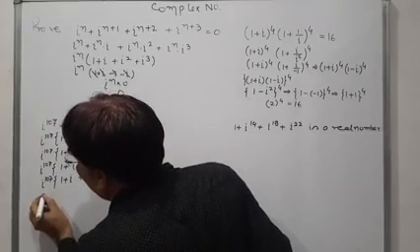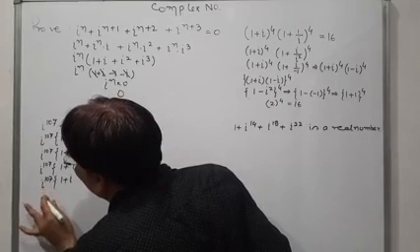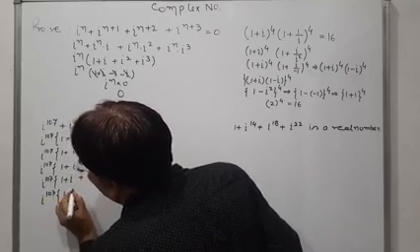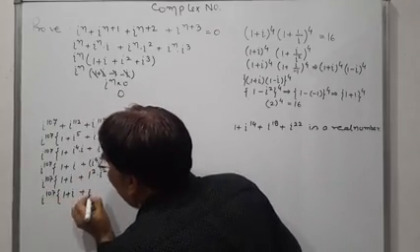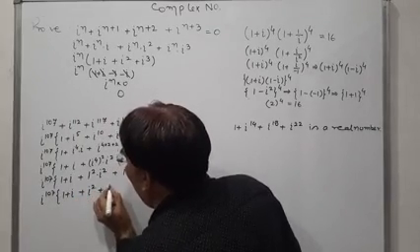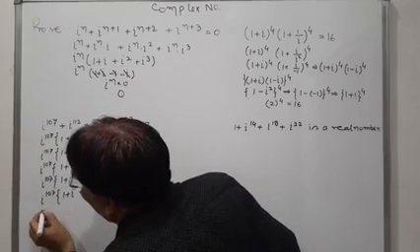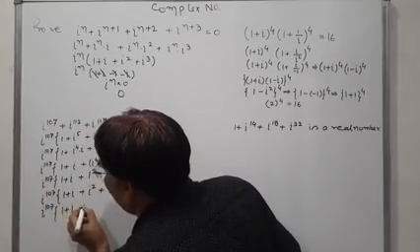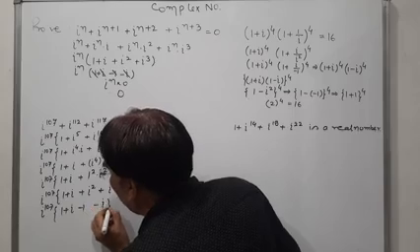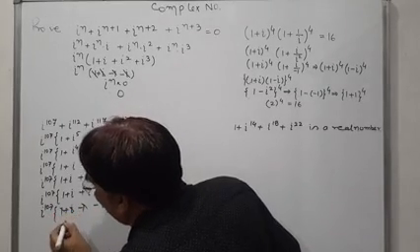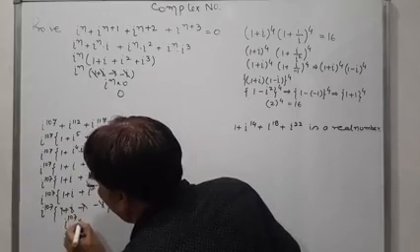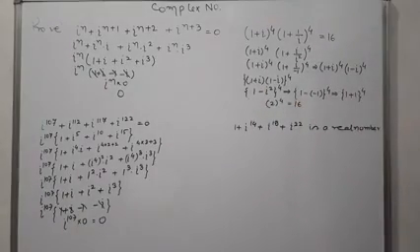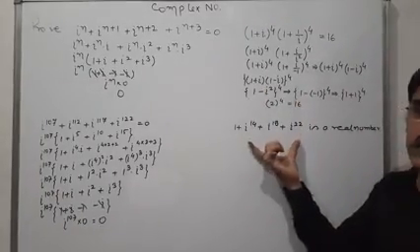Now we can write i to the power 107 (1 plus i plus i square plus i cube). Now i to the power 107 (1 plus i, i square is minus 1 and i cube means minus i, so it will be cancelled out), and i to the power 107 into 0 is equal to 0. You get RHS.